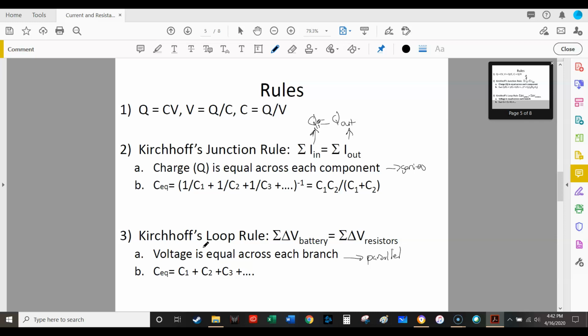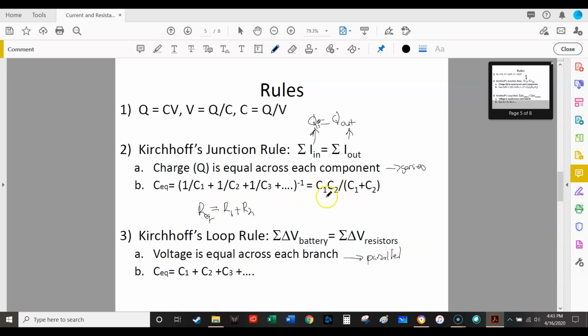Here's a weird thing, though. If you have two capacitors that are in series with each other, the equivalent capacitance is the product over the sum of those capacitance values, right? With resistors, remember, when you had two resistors in series it was simply the sum.